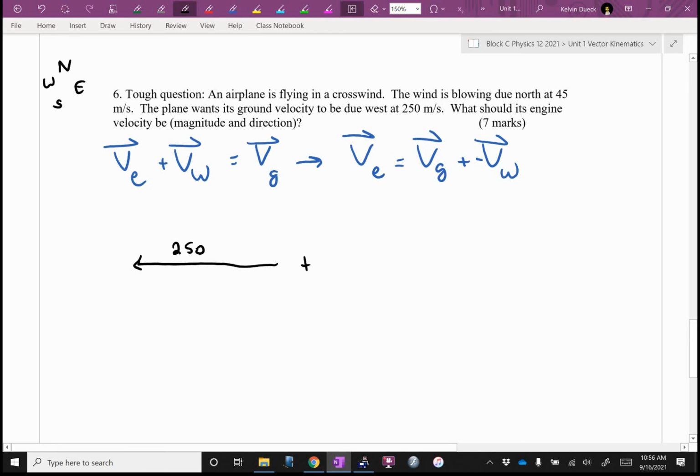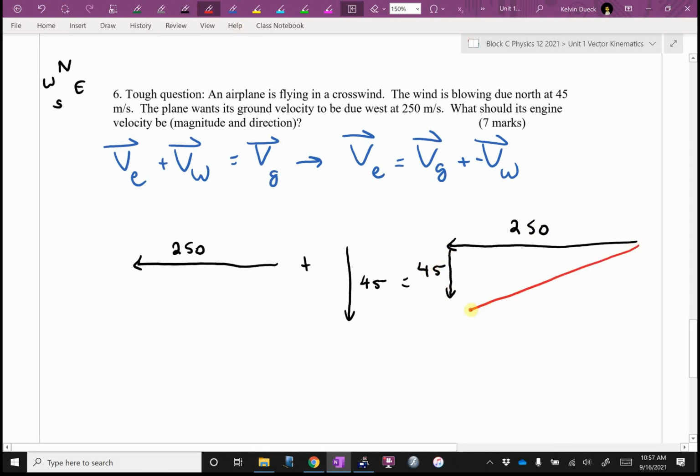The wind originally is north at 45, so I'm going to add to it south at 45. When I do that, I'm going to get, I'm pretty sure, that is V engine, with angle theta.